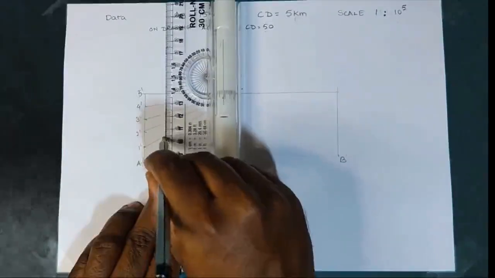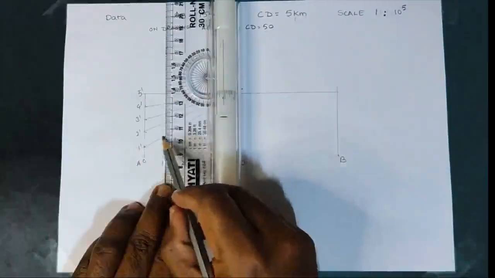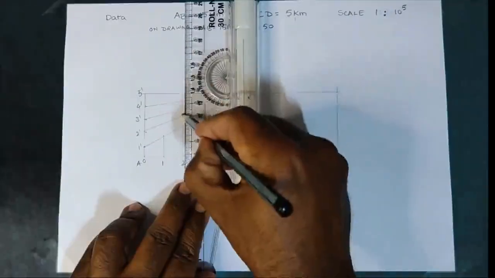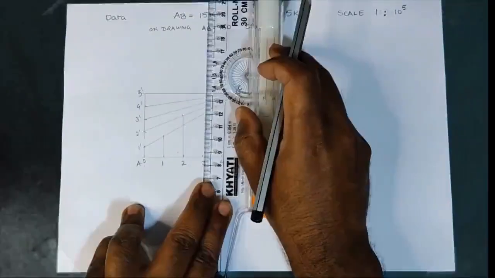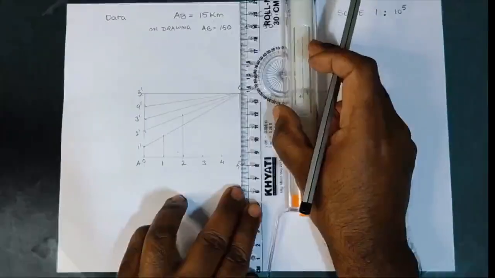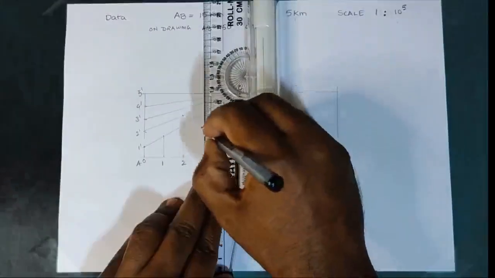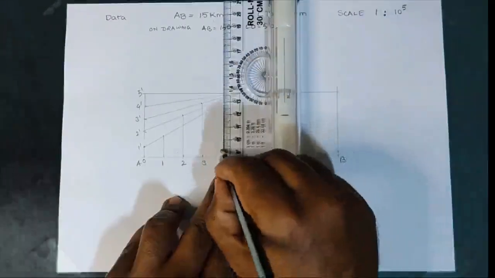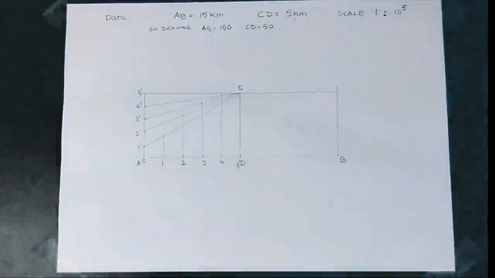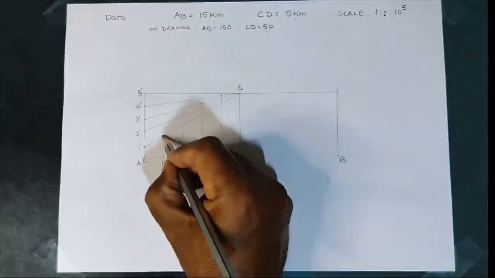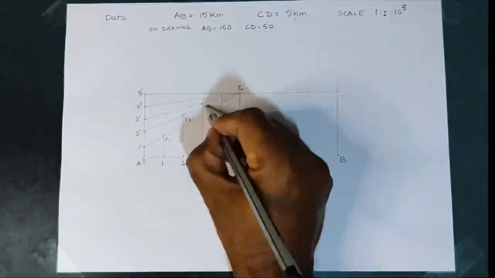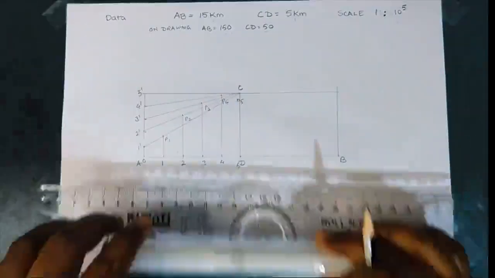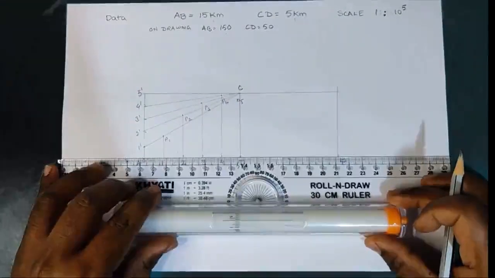Through 1 I draw a vertical till it intersects the 1 dash C line, then through 2 a vertical intersecting the C2 dash line. Through 3, I draw a vertical intersecting the C3 dash line. And through 4, a vertical intersecting the C4 dash line. I name these points P1, P2, P3, P4 respectively.